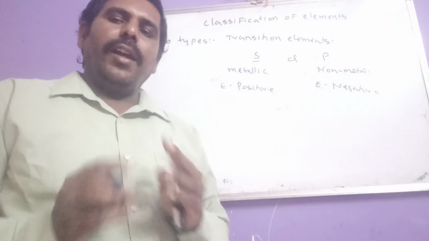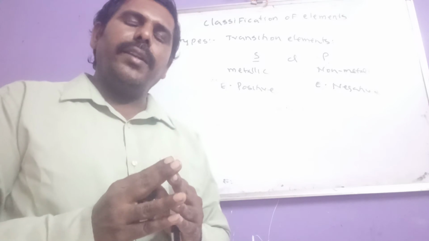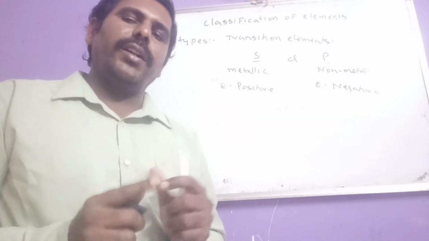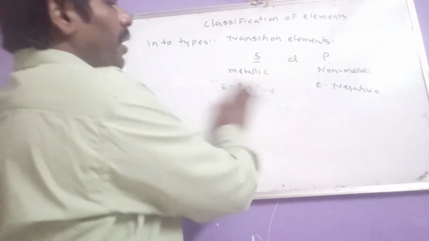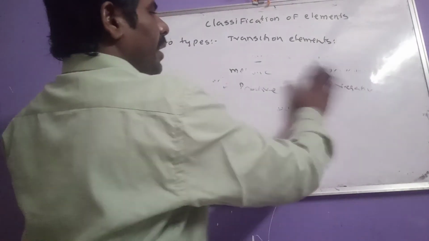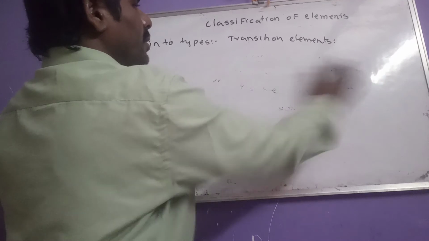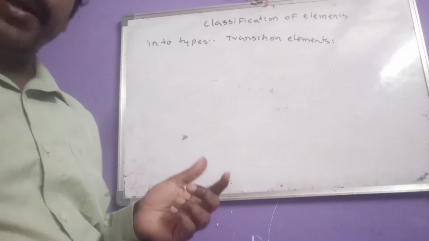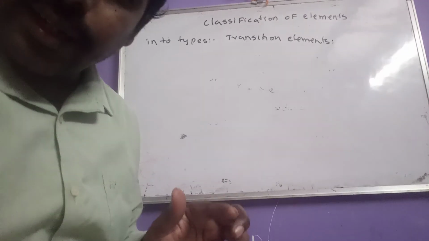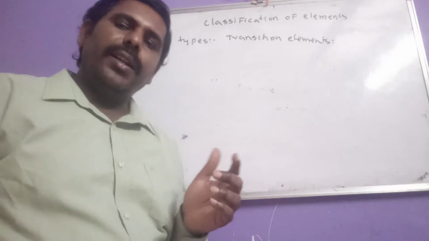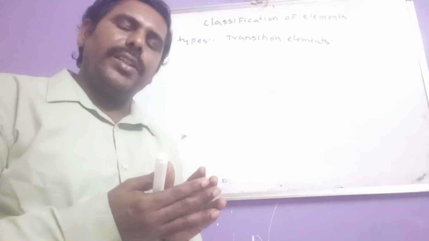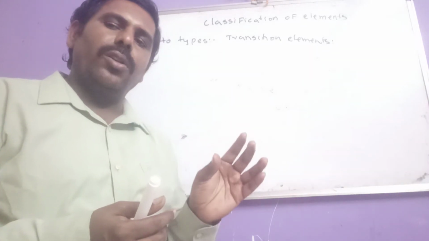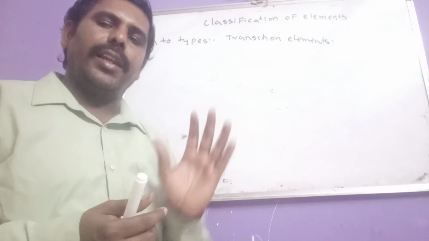But not every d block element is a transition element. There is a definition. The d block element which contains at least one unpaired electron, either in elemental state or in stable oxidation state, is known as a transition element.